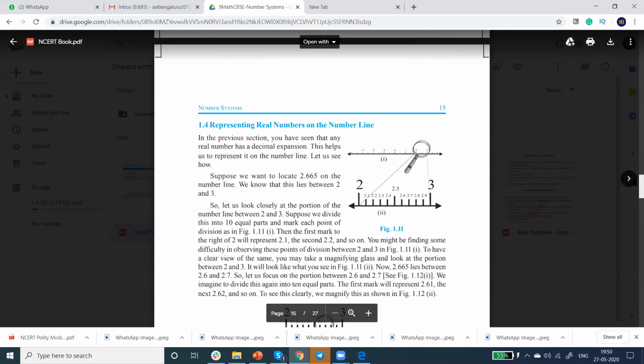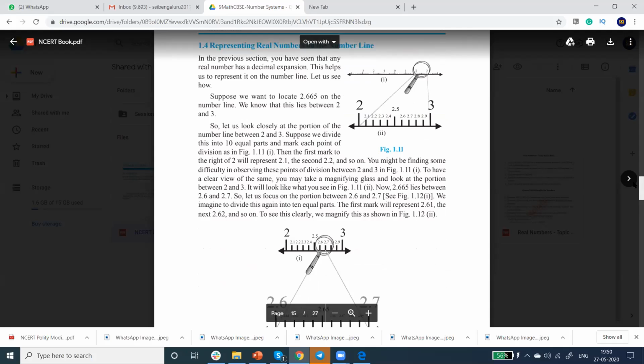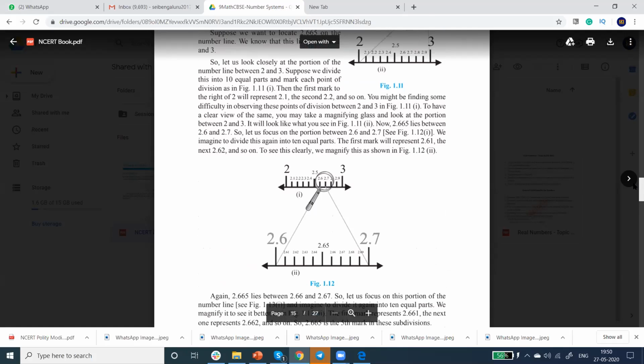Now, representing real numbers on the number line. Between 2 and 3, many numbers are there. On the scale, we can see the big numbers 2 and 3, but there are smaller digits. Now, 2.6, 2.7 between 2 and 3 only. Between 2.6 and 2.7 again many numbers will be there: 2.61, 2.62, 2.63, something like that.